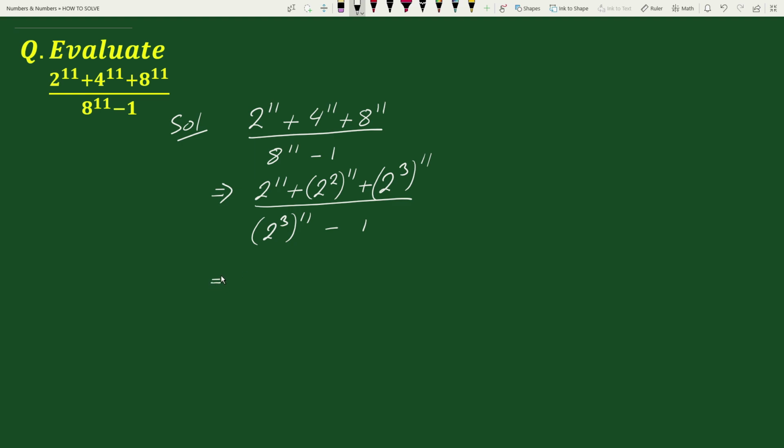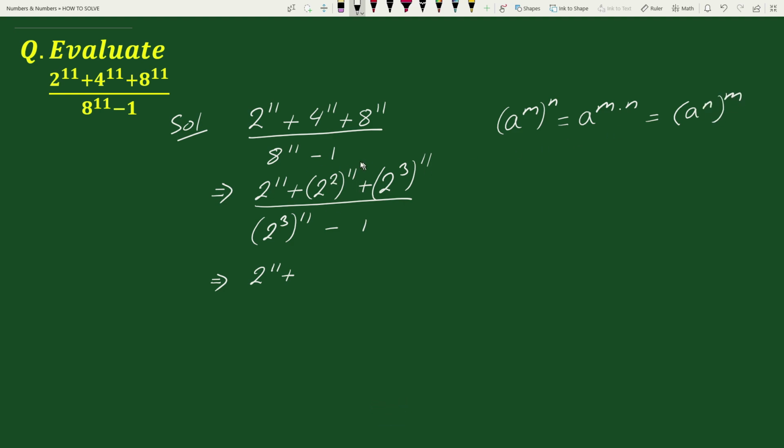This equals 2^11 plus, now by using the exponential rule, (a^m)^n equals a^(m times n) equals (a^n)^m.